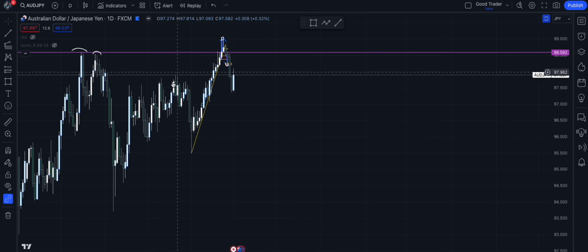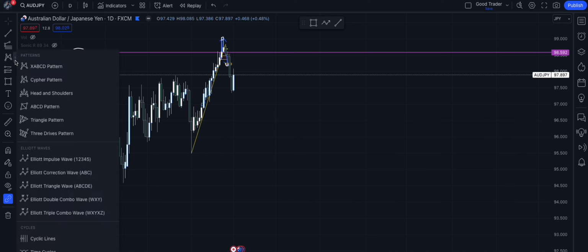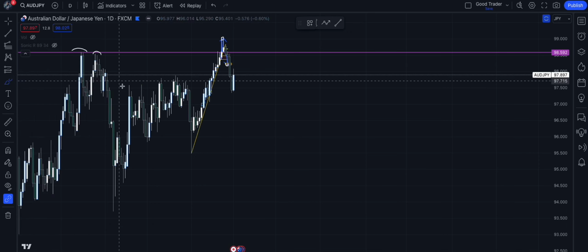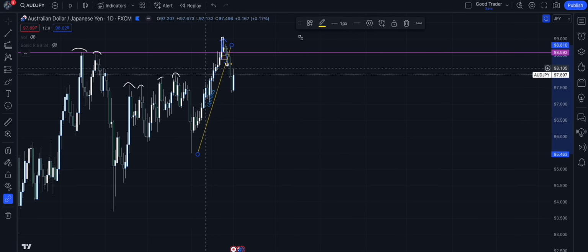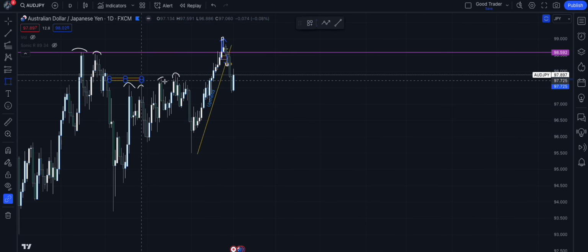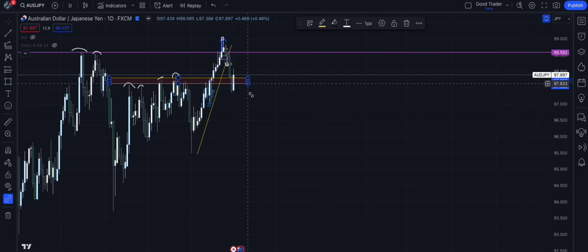You can see in the movement right here, there are many wicks from the candles. It is reacting to the bullish uptrend over here. Because the bullish uptrend has confirmed, we can make a support over here.